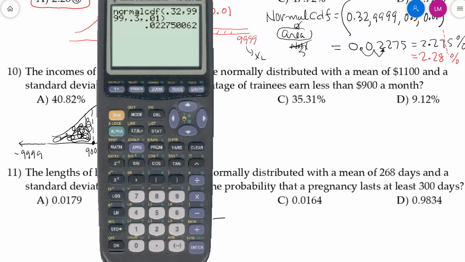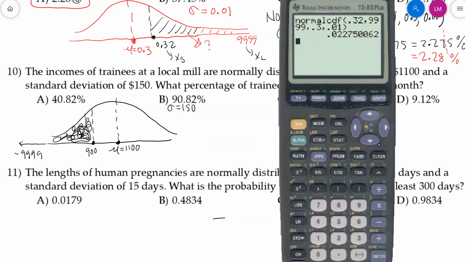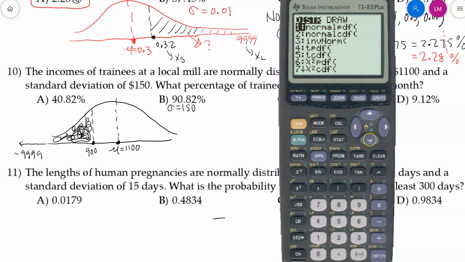Second, distribution, go to number 3, and then you need to put in the numbers: negative 9999 starting, and then 900, and then comma, what is the mu? 1100, and then 150. If you hit enter, I get an error message. I don't know why.